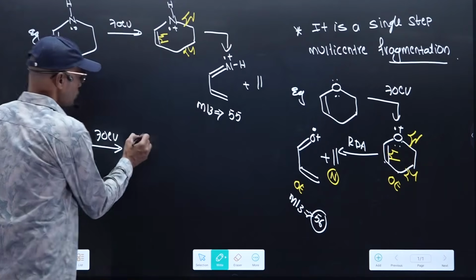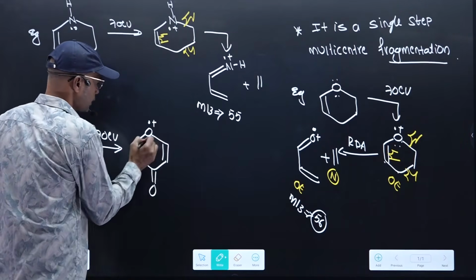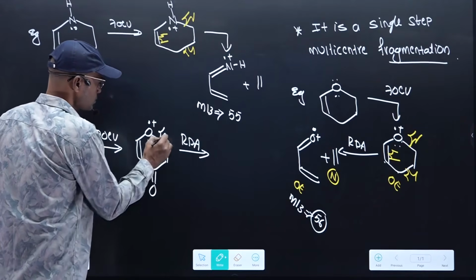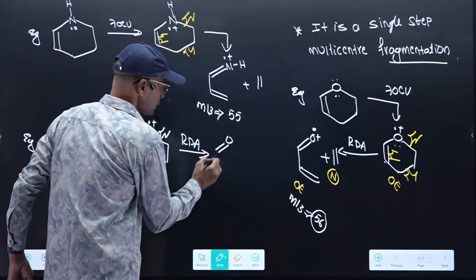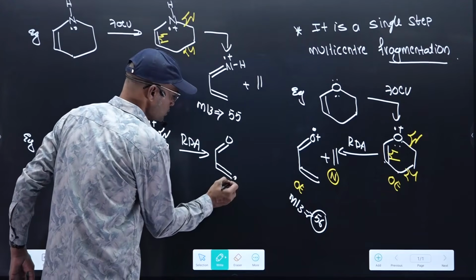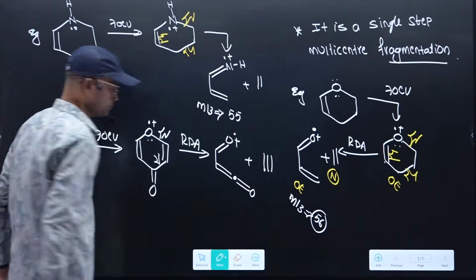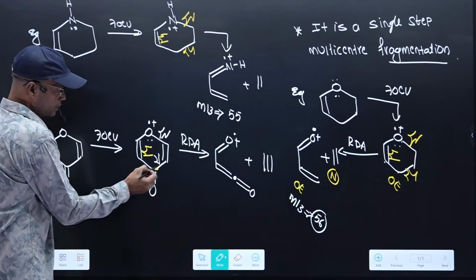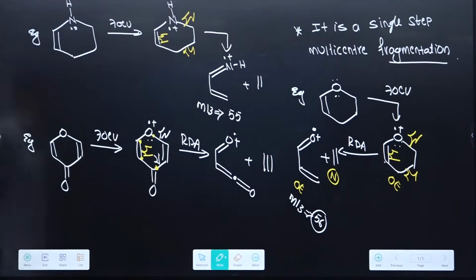So the non-bonding electron we lose. So here you write the radical cation, then go for the retro-Diels-Alder reaction. So break this. If I break this, I will get a double bond here. This is carbon double bond O, and this is a triple bond. This is a radical cation, so this bond will be broken. This radical, this radical, this radical, this radical forms this one. This is carbon.